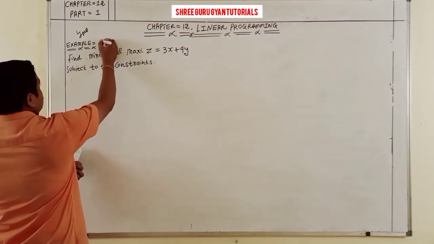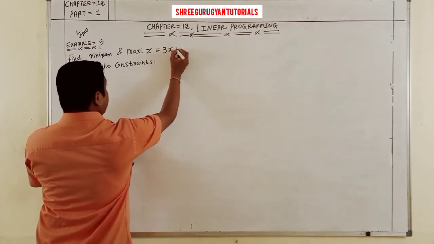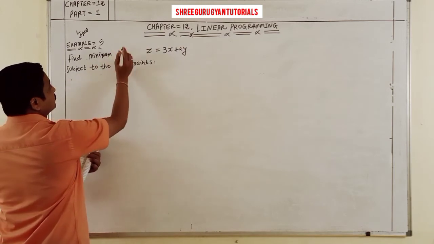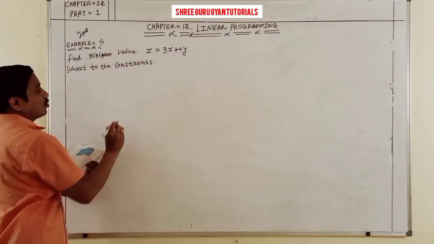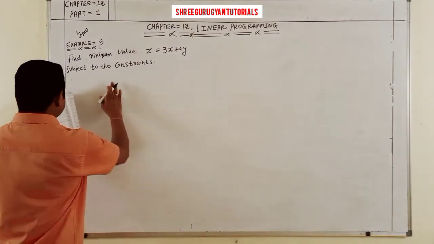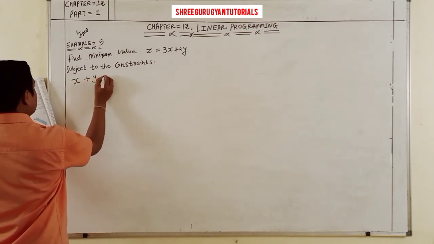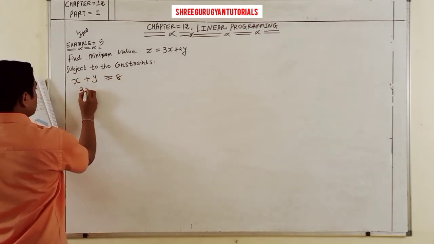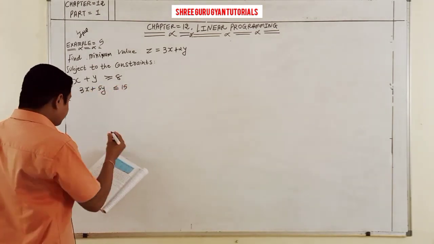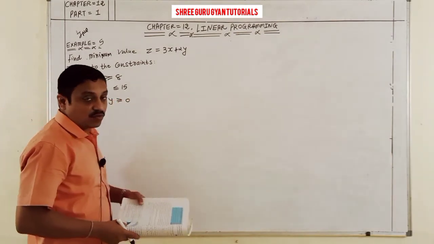In the subject, Z is given as 3x plus 2y, and find its minimum value, not maximum, only the minimum of Z equals 3x plus 2y, subject to x plus y greater than or equal to 8, 3x plus 5y less than or equal to 15, x greater than 0 and y greater than 0.